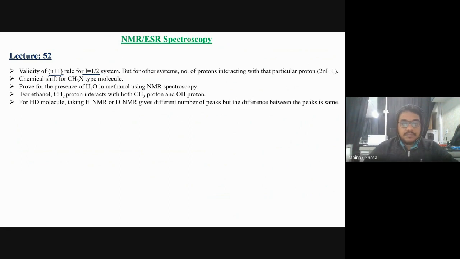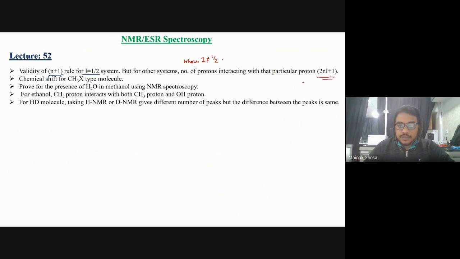But for other systems, where I is not equal to half, the rule is 2nI plus 1.